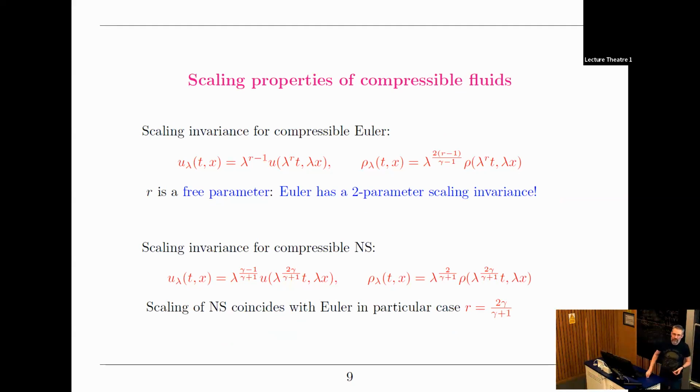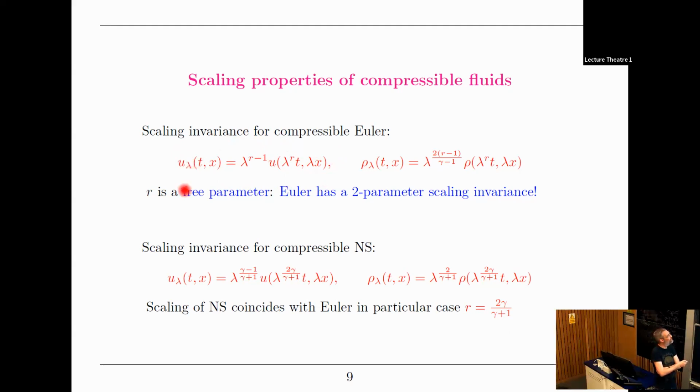Let me recall the main feature of the proof. As Igor said, the main magical tool we have is the fact that there is something very special about Euler, at least compared to the usual equations that I know of. This special thing has to do with the fact that the scale invariance has two parameters.